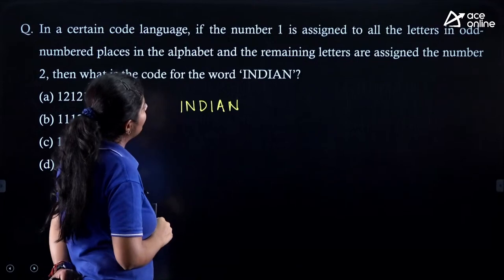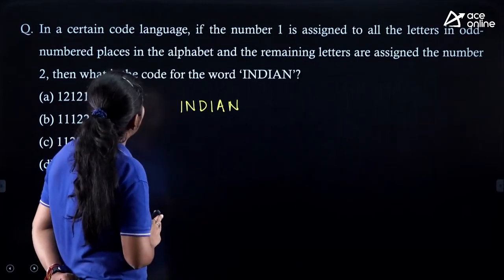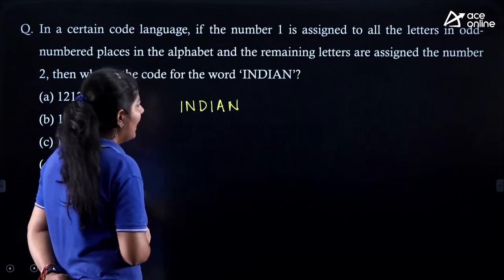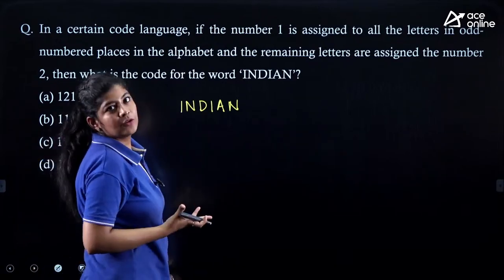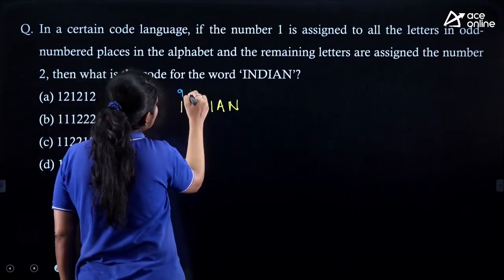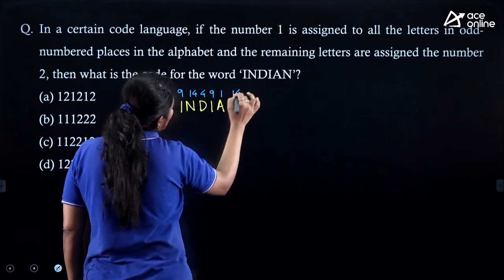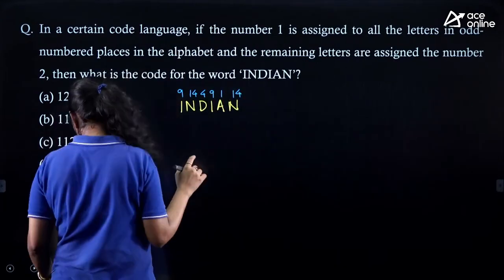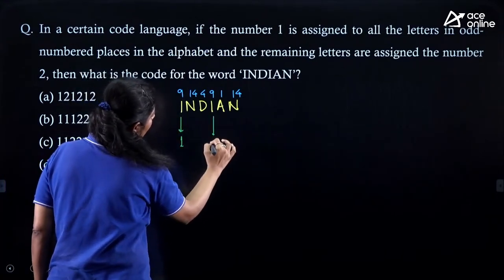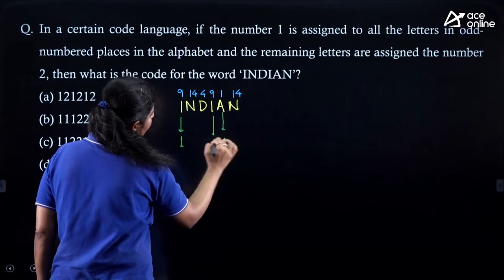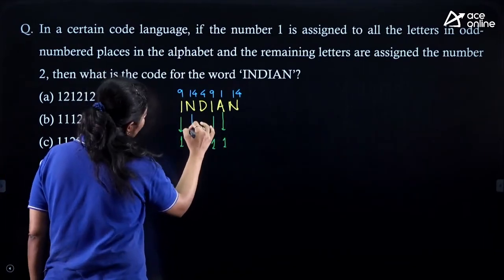For the odd ones, we need to write down the associated numbers: 9, 14, 4, 9, 1, 14. So for the odd ones, we have to write 1 for them: 1, 1, 1. And for the even ones, we have to write 2, right?